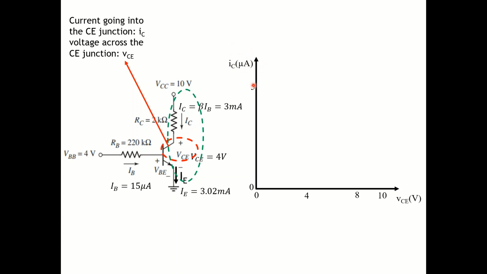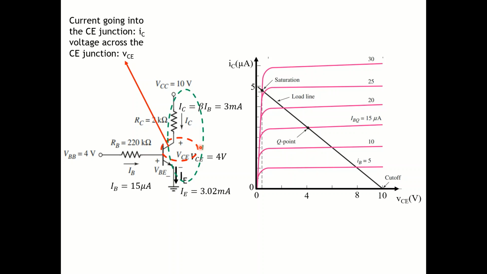Let's plot on the x-axis VCE, which is the voltage across the collector and emitter, and then IC is the current going into the collector. If we plot it out, usually you can have this characteristic line like this. That means when you fix a base current, it will respond in one way.